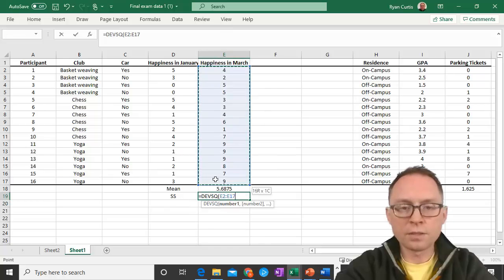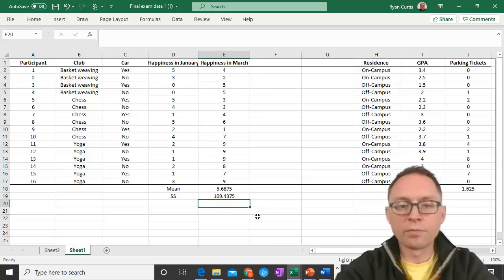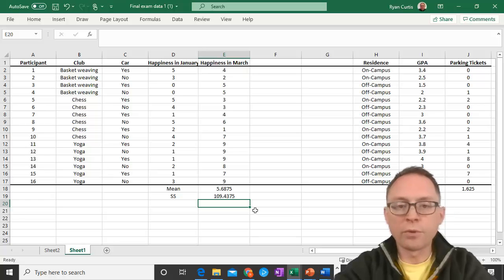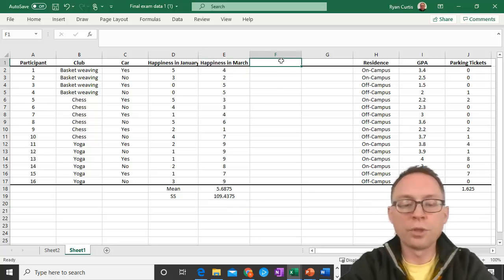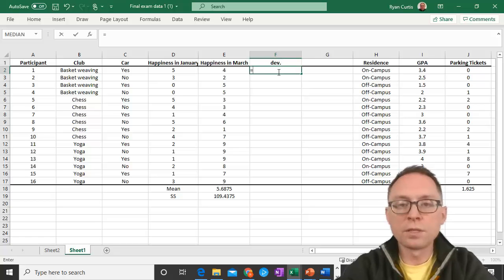So if you just do this, it will do that. And you get 1.09.4375, or you can just do it the old-fashioned way, get the deviations, which is x minus x bar, and x bar is the mean.